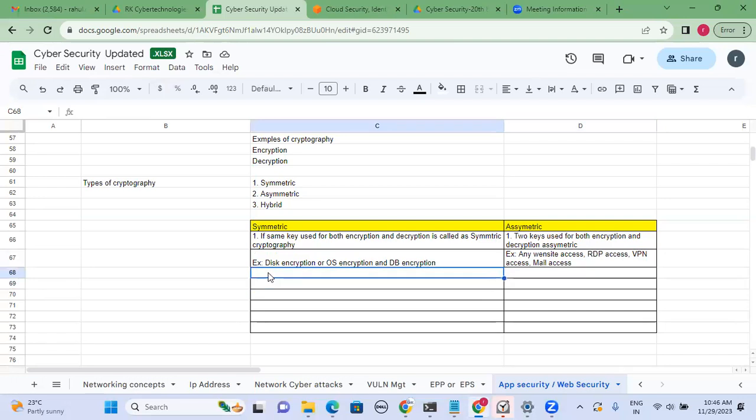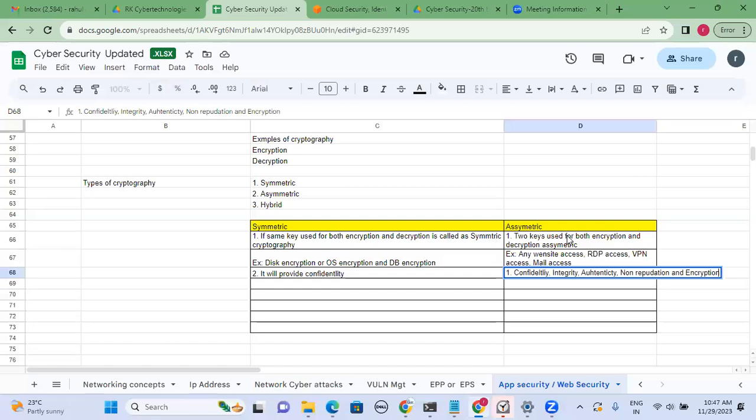Now, what are the symmetric key's functionality or features? It will provide only confidentiality, nothing but privacy of the data. On the other hand, asymmetric will provide confidentiality, integrity, authenticity, non-repudiation, and finally encryption.